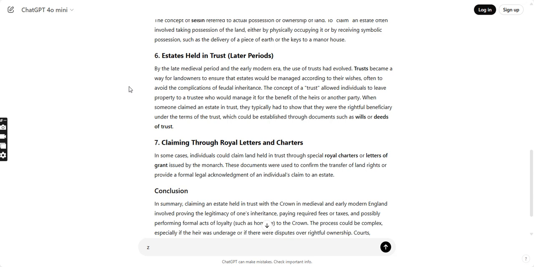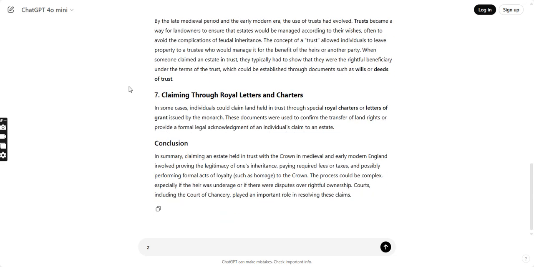When someone claimed an estate in trust, they typically had to show that they were the rightful beneficiary under the terms of the trust, which could be established through documents such as wills or deeds of trust. Isn't that interesting? This is really good stuff.